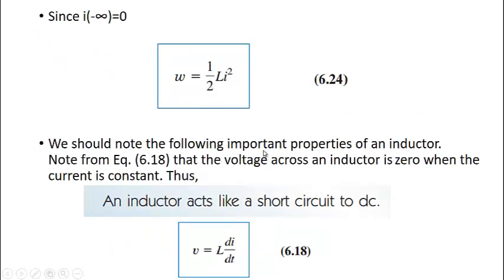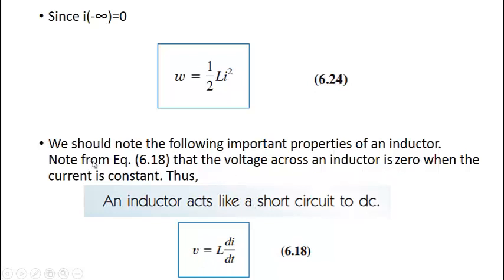We should note the following important properties of the inductor. Note from 6.18 that the inductor voltage is given by v equal to L di by dt. If a constant current flows through the inductor, this di by dt will be equal to 0. That means the voltage across the inductor will be equal to 0.